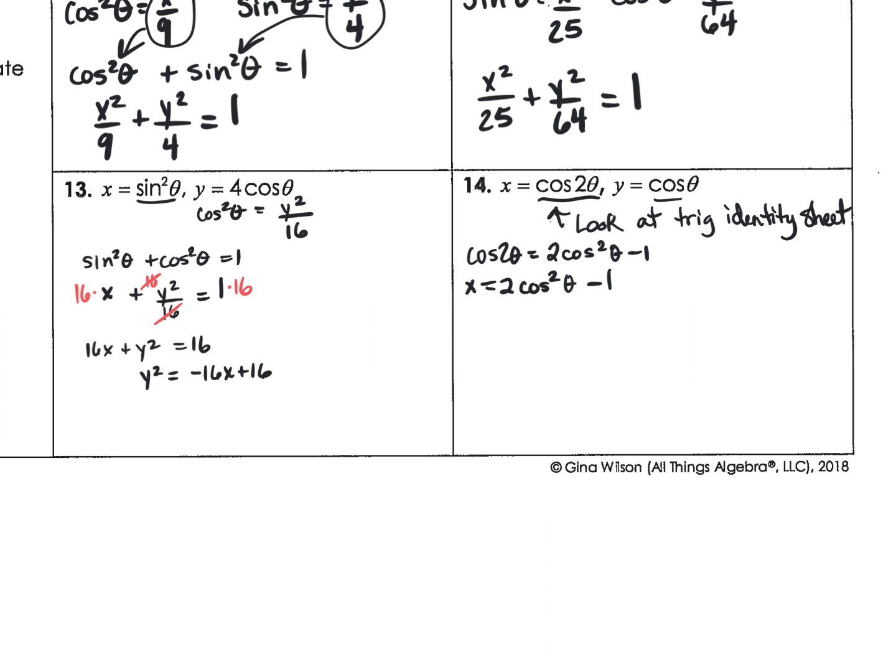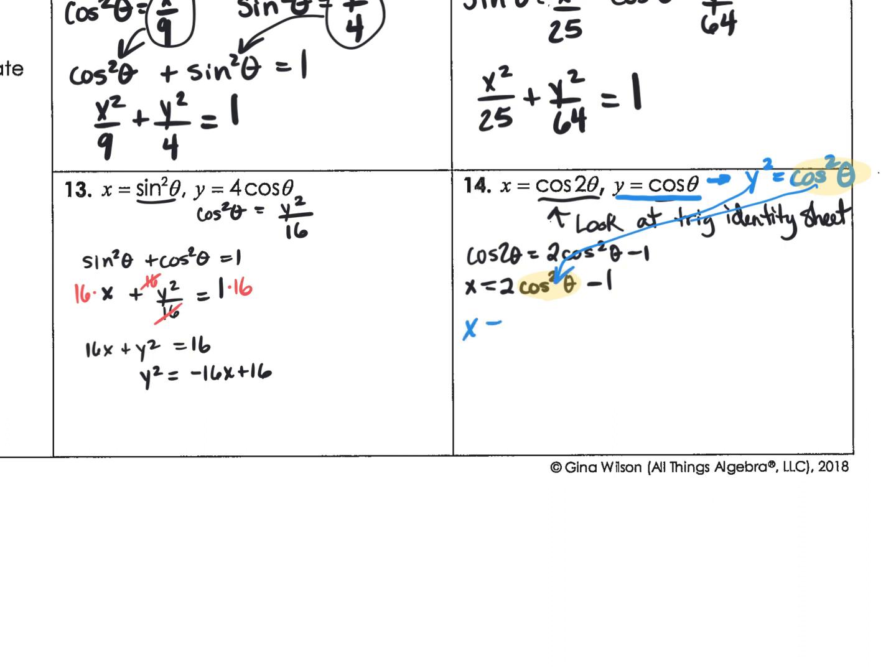You want a shortcut? Look what y is equal to. What would happen if we squared both sides of this? y squared is equal to cosine squared, isn't it? Well, look at that. Cosine squared here, and we've got a cosine squared there, don't we? So what would happen if we took this and plugged it in right there?